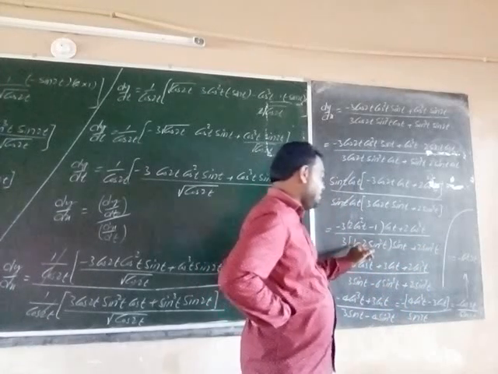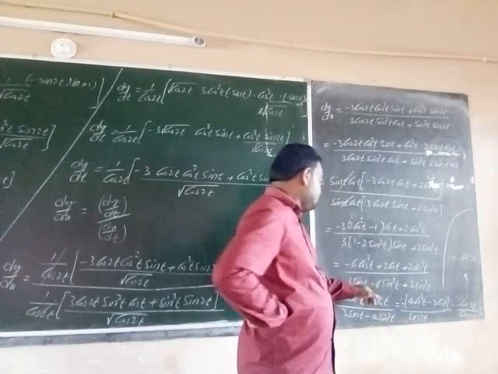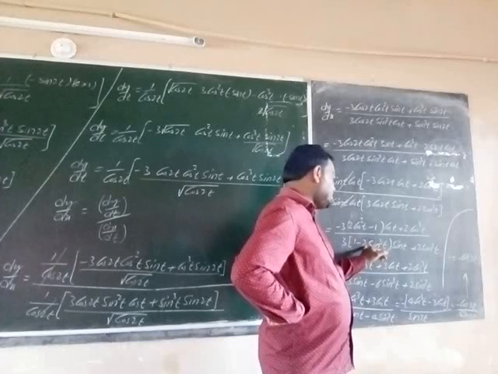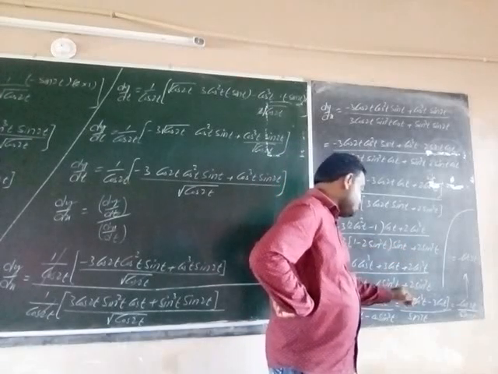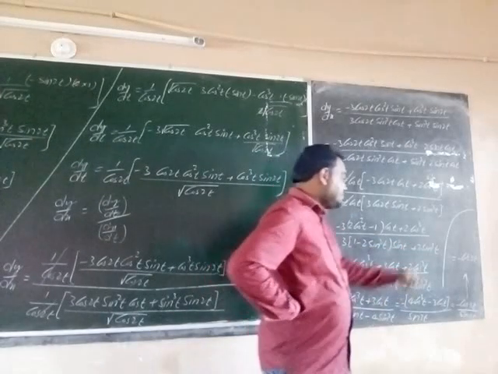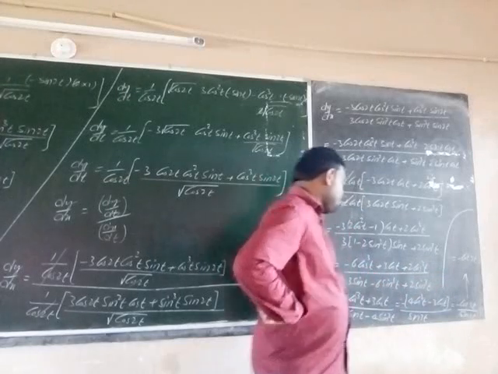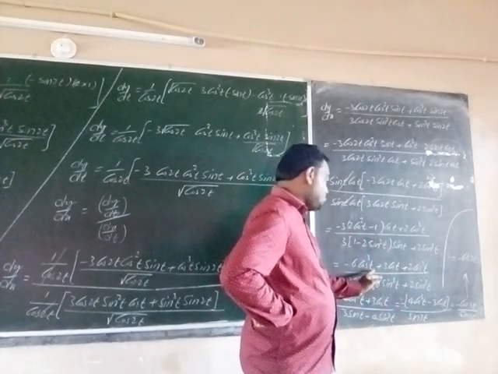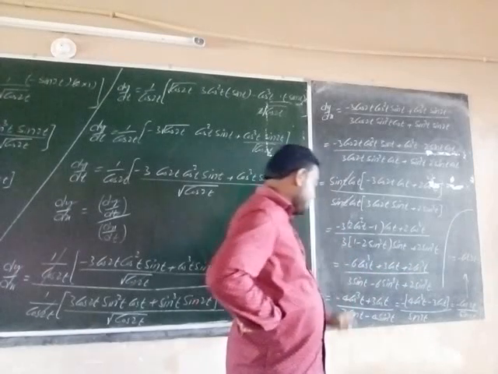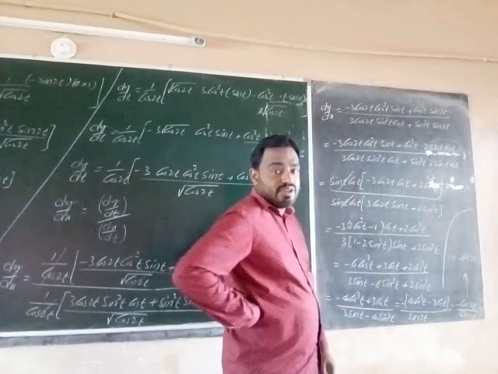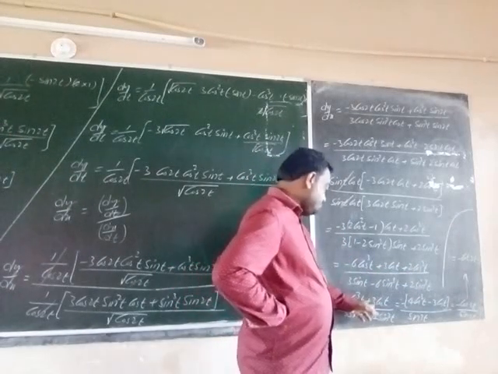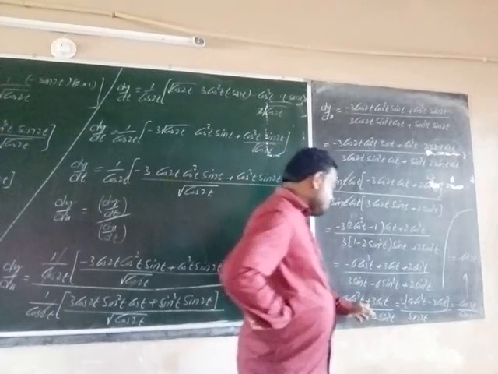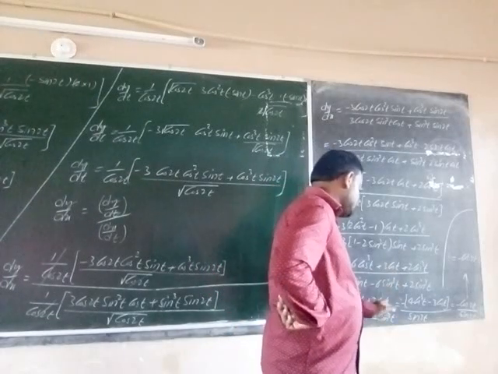Denominator: 3 into 1, 3 sin t, then 3 into minus 2, minus 6 sin square into sin cube t, next plus 2 sin cube t. Numerator: minus 6 cos cube plus 2 cos cube, total minus 4 cos cube t, plus 3 cos t as it is.